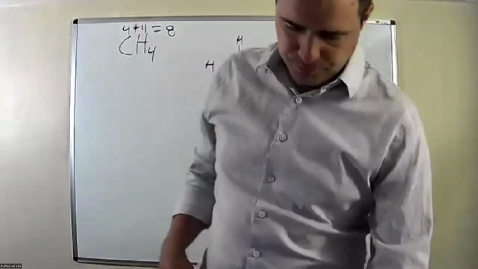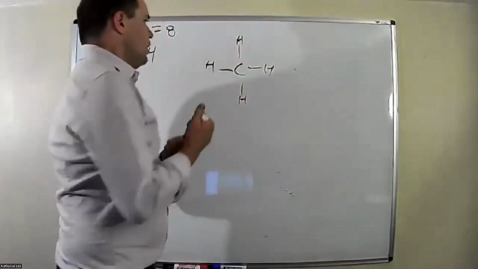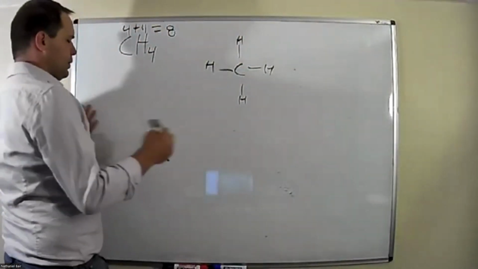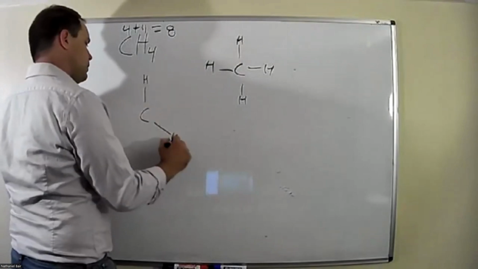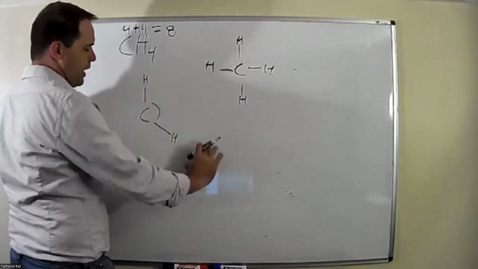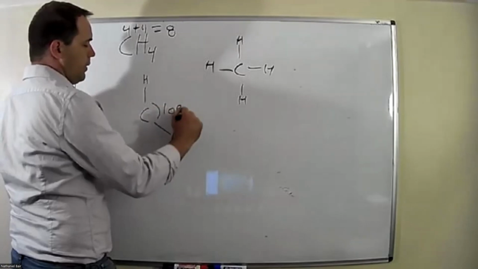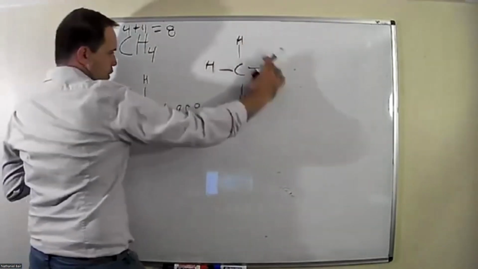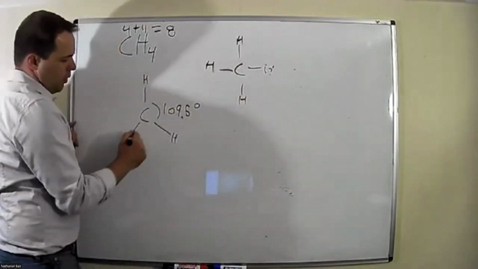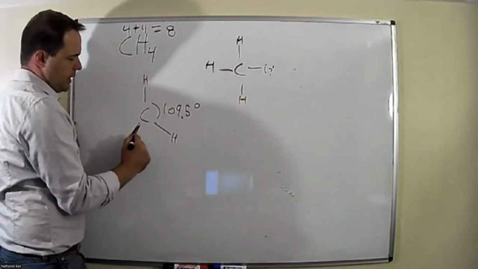Well, you could draw either one of the 2 mirror images. So we've got a carbon. You could put these 2 in the plane with an obtuse bond angle of 109.5 degrees. Essentially I just shifted that one down. Now another hydrogen needs to be coming out at you.